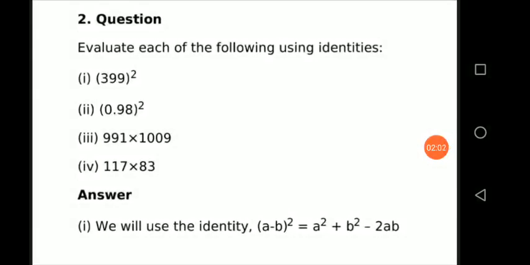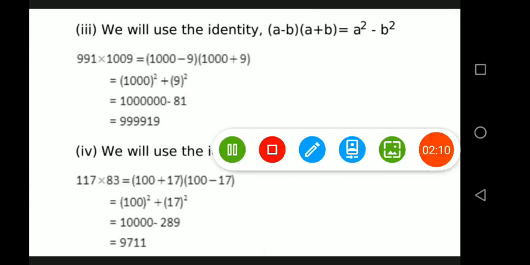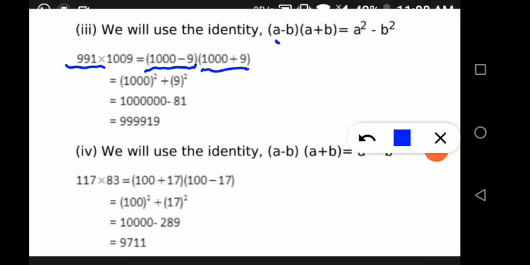The third part is 991 into 1009. So how can we write it? 991 can be written as 1000 minus 9, and 1009 can be written as 1000 plus 9. So it is of the form (a minus b) into (a plus b), which is equal to a square minus b square.